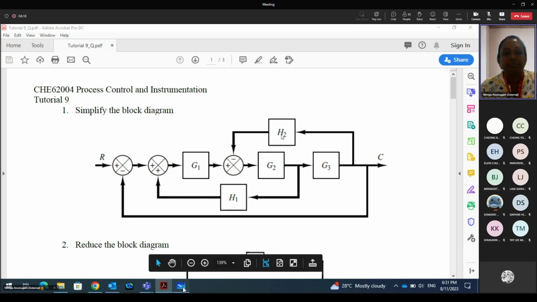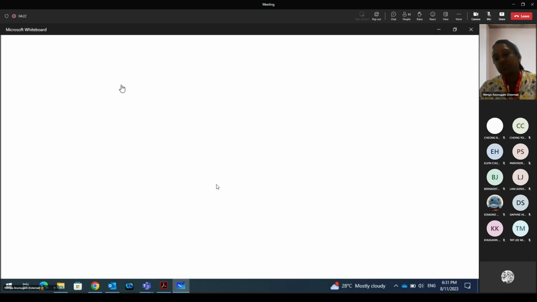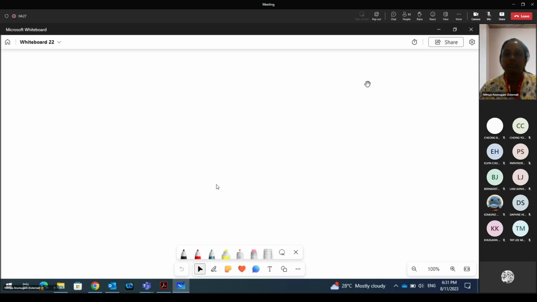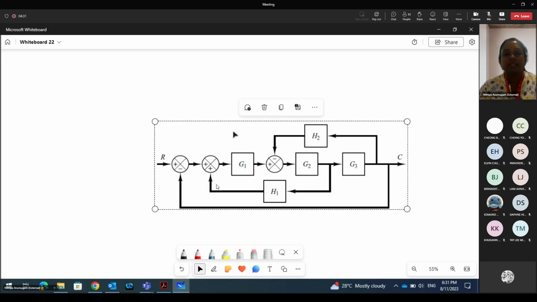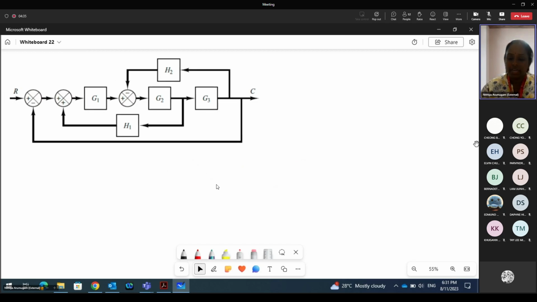Okay, so how to simplify this diagram? First, we start with the summing point here.